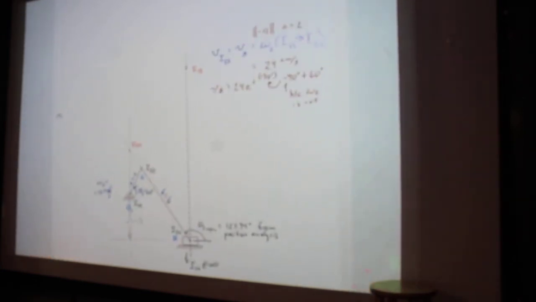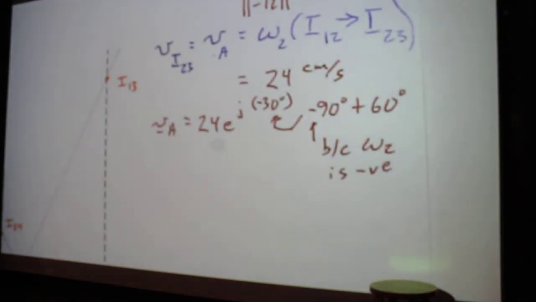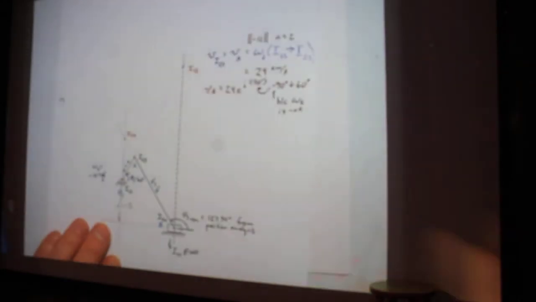So let me zoom up on that. Okay. Let me go ahead and draw that here then. So this is point A. This is the velocity.